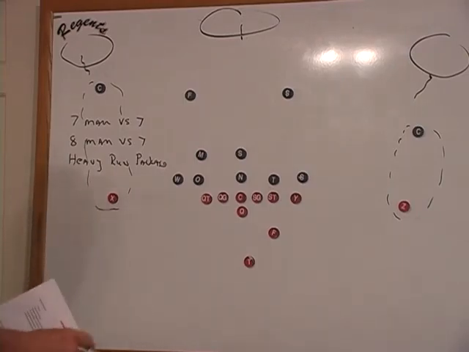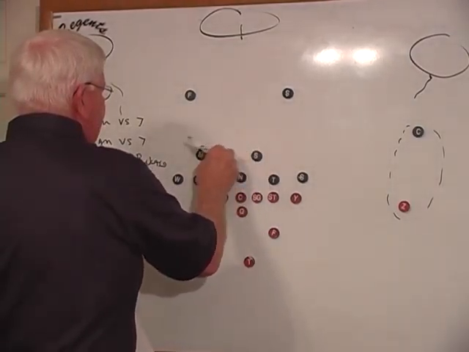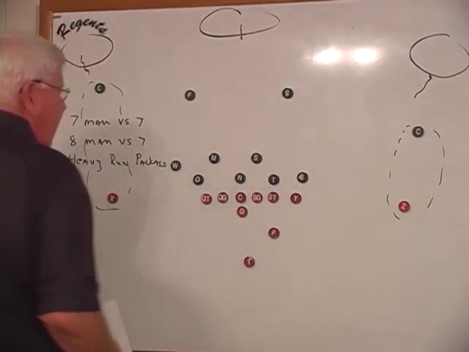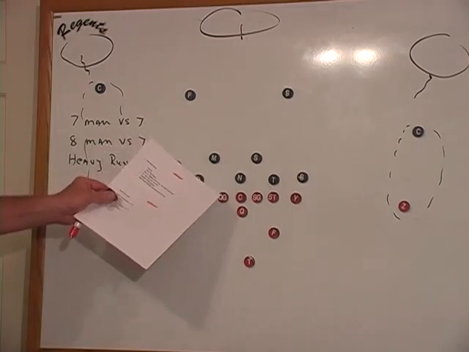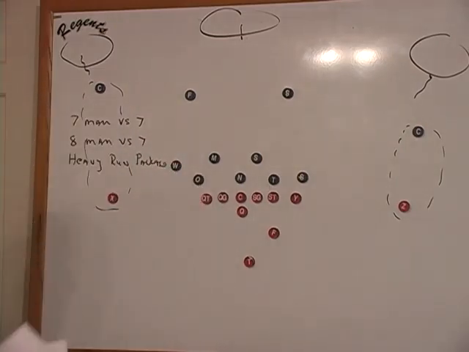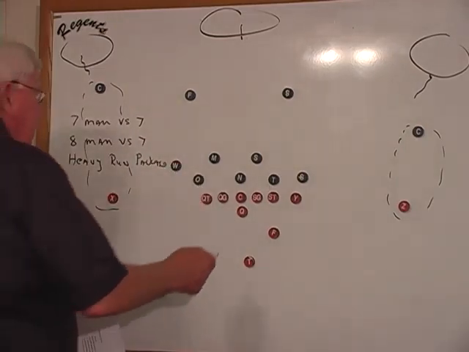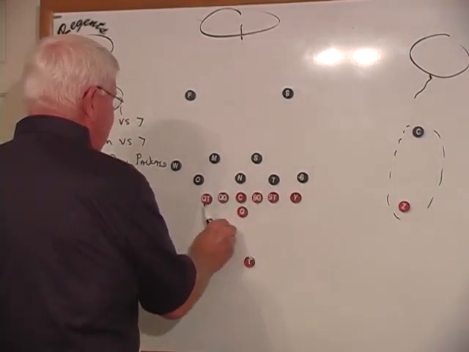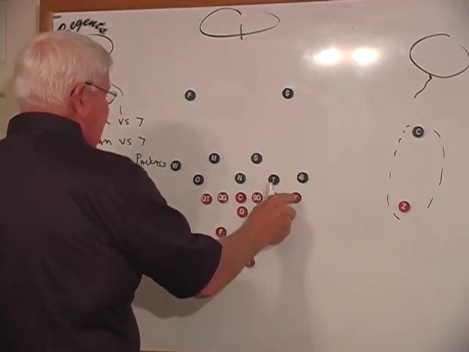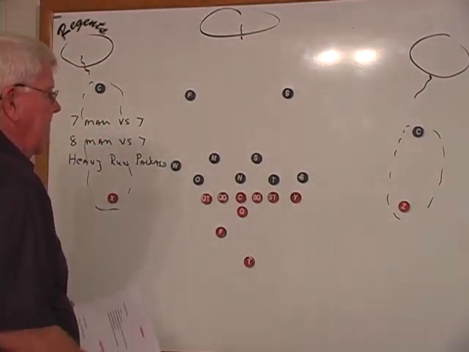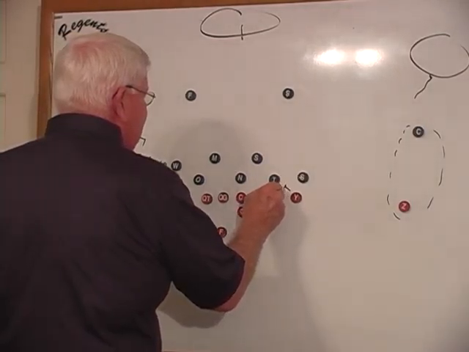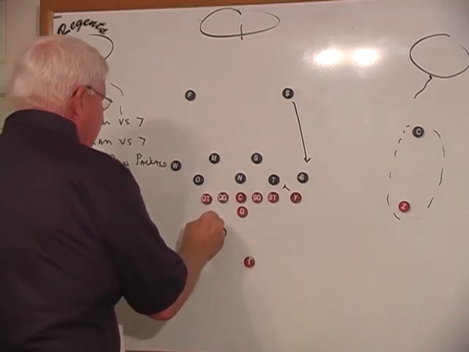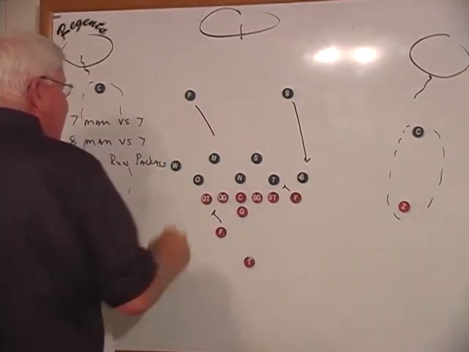And what happens is, now they've got a 7, I'm going to go back to a 5-2 thing. They've got a 7-man front here, but the reason we call this a flat 4 is they are usually reading the number 2 receiver, and the number 2 receiver might be this guy on one side and this guy on the other side. And if this guy blocks, this guy will come right up in a hurry. And if this guy would happen to block, he comes right up in a hurry.